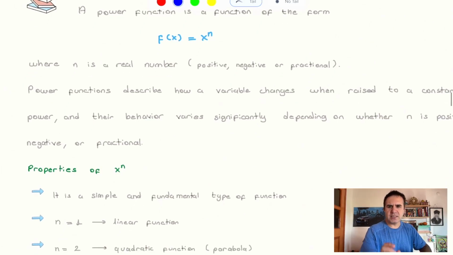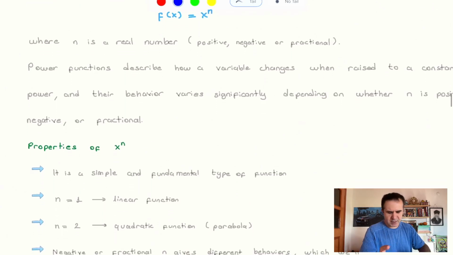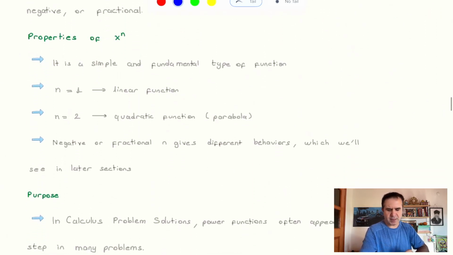It is a simple and fundamental type of function. If n equals 1, then this power function is a linear function. If n equals 2, it's a quadratic function. If n is negative or fractional, it gives different behaviors, which we will see in later sections.